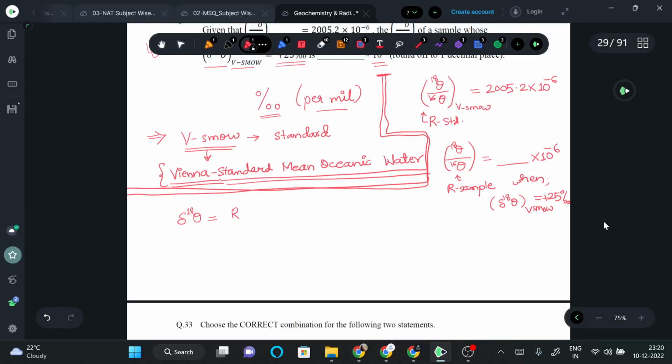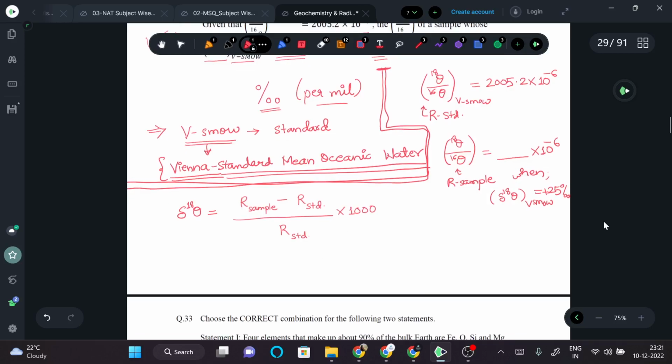So delta O18 is R sample minus R standard, divided by R standard, into 1000.